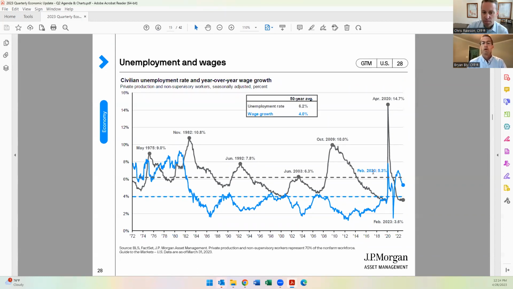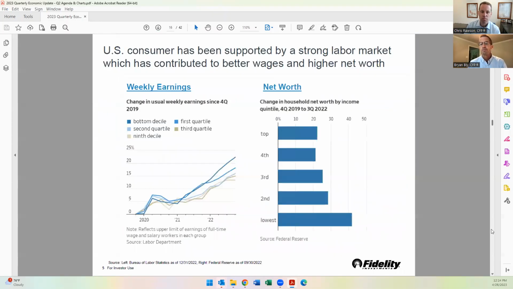Staying on the wage inflation front, one interesting note that we saw, from a slide from Fidelity, as you can see looking at the left-hand side here, the wage increases have actually helped the bottom decile of wage earners more so than the upper deciles or upper quartiles.